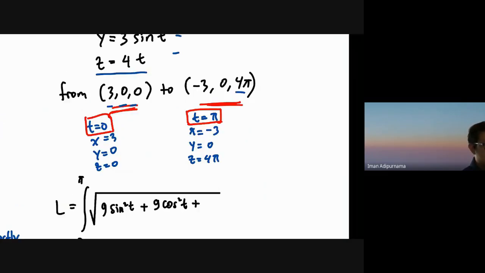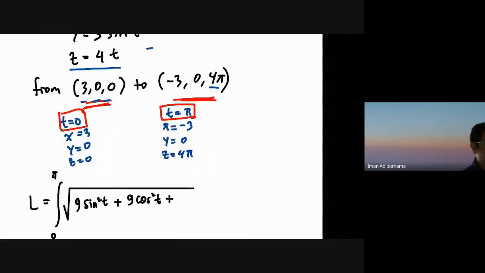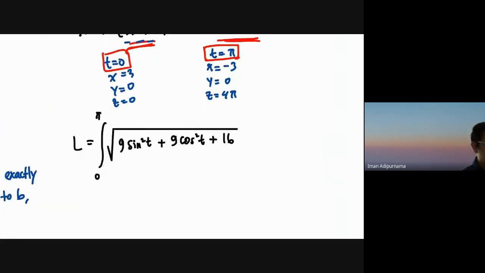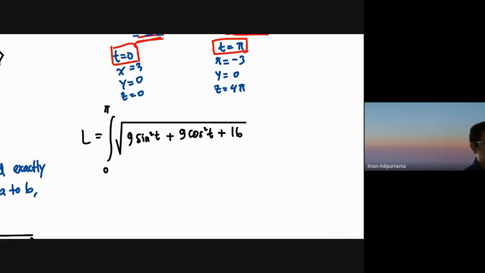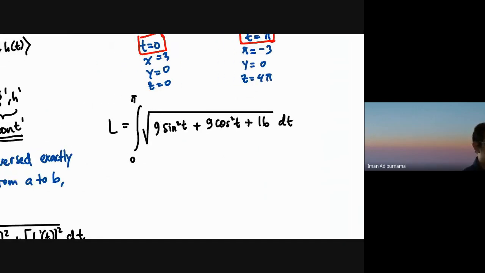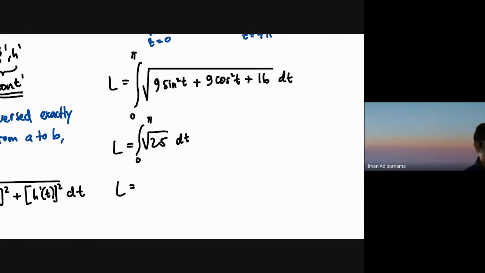And then plus 4, since 4t becomes 4, and 4 squared is 16, right? So this will be 9 plus 16, which is 25. So it will be 5. So this will be 5 pi. Okay.